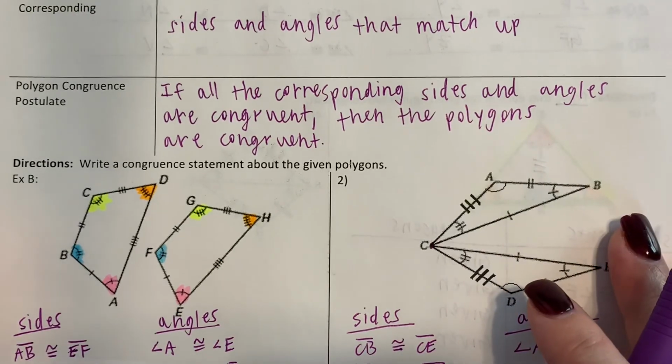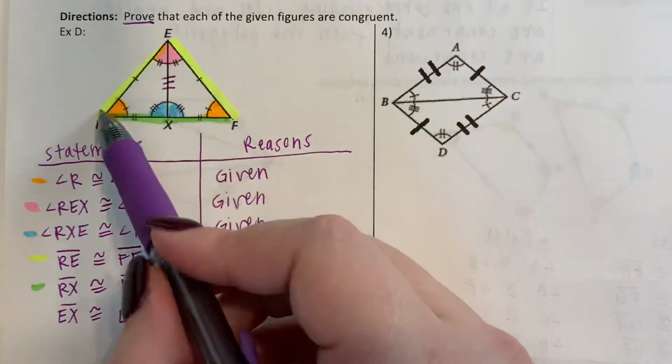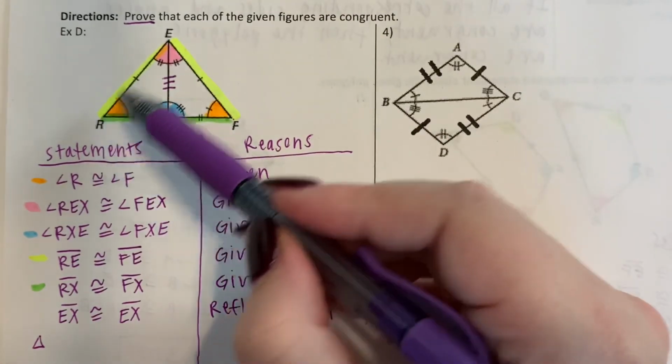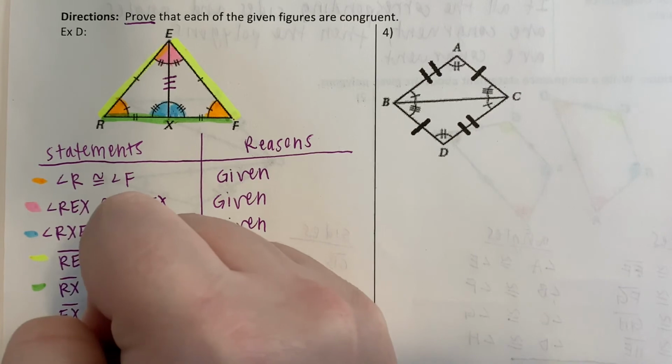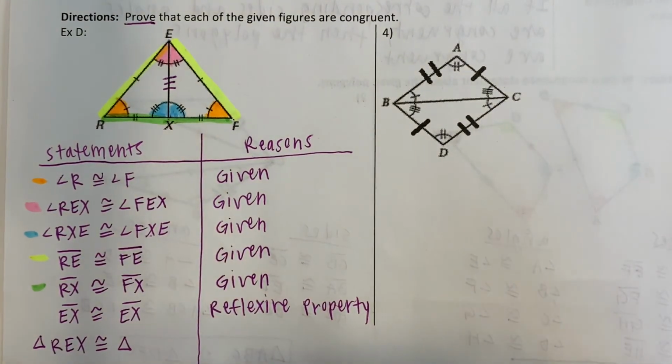And we just proved that all the corresponding sides and angles are congruent. So now we could go ahead and title our polygons. These are triangles, so I'll use the triangle symbol and I'll say triangle REX. Triangle REX is congruent to triangle, and now I have to be very careful of the order.